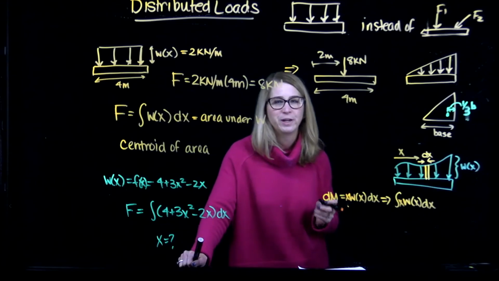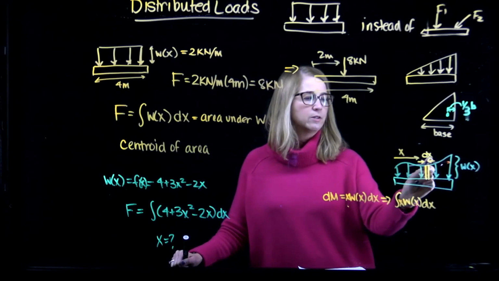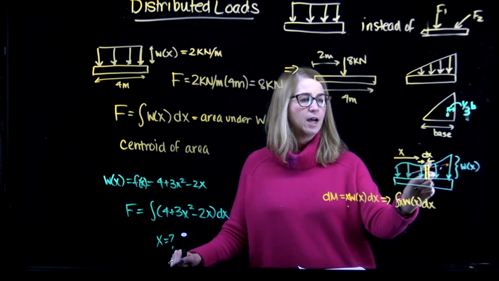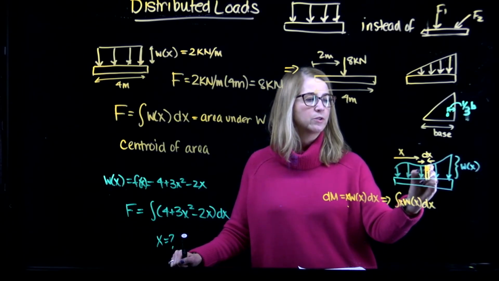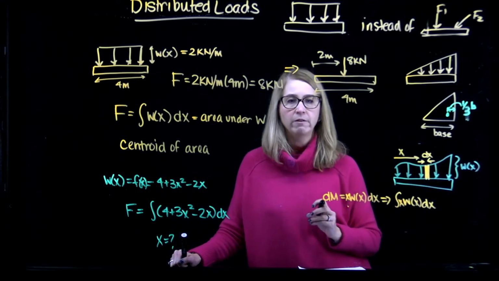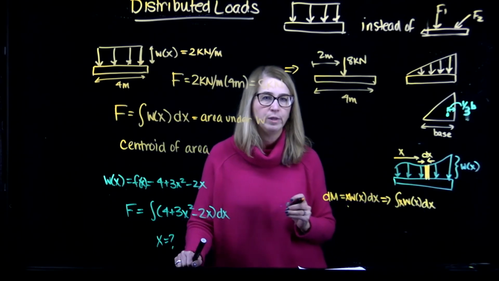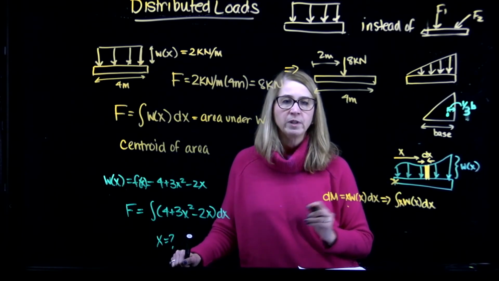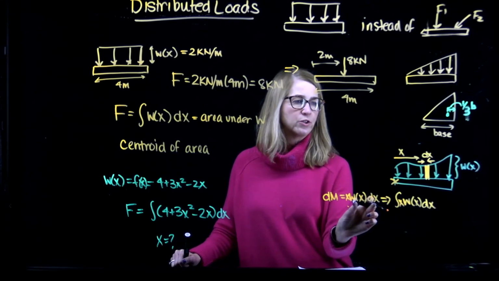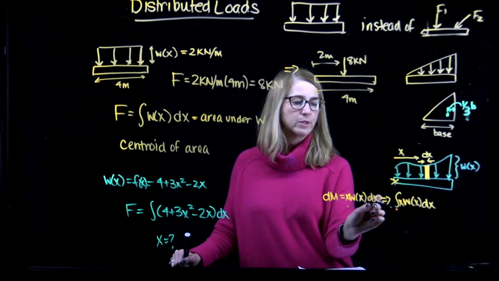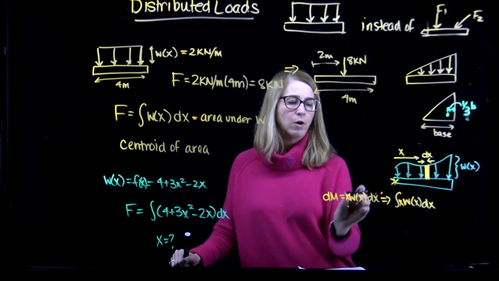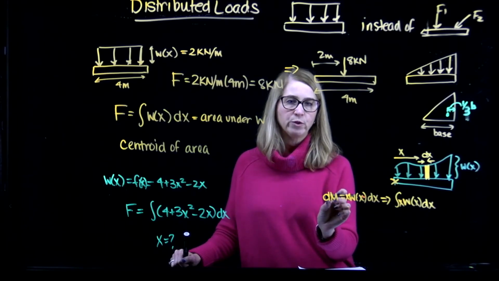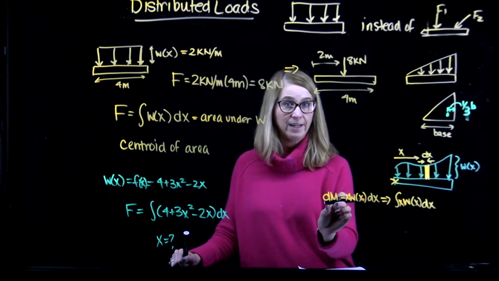All right, so what I really meant to say is this little piece right here, if I'm thinking about the force that it provides, if I just take this little sliver of my weight that's acting down on the beam, and it's a distance x away from this end, the force that this applies is just equal to w of x times that width dx. But then I multiply it by x to get the moment that that little piece creates.